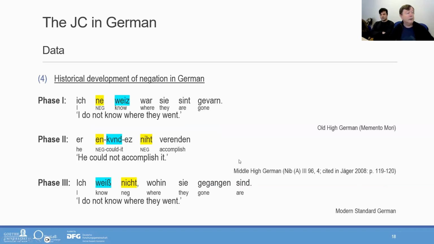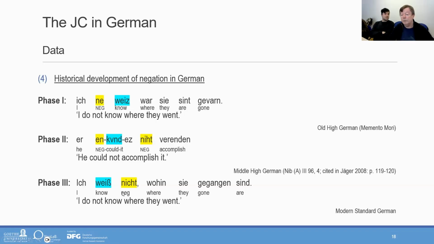Here are concrete data from Old High German, Middle High German, and Modern German, which illustrate the development. Phase one, ne weiß, not know. Then in Middle High German, there is a bipartite negation. Konnte es nicht verändern. He could not accomplish it. The n and nicht is here the negation.